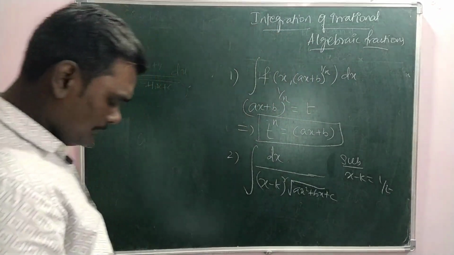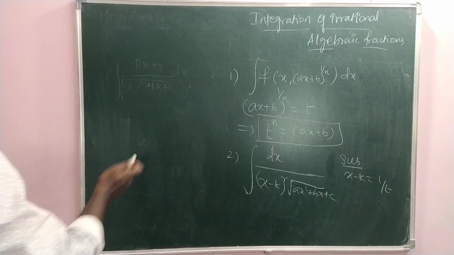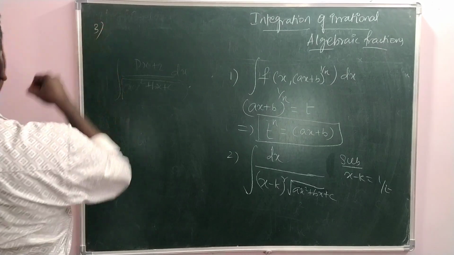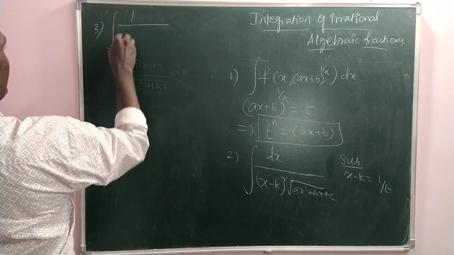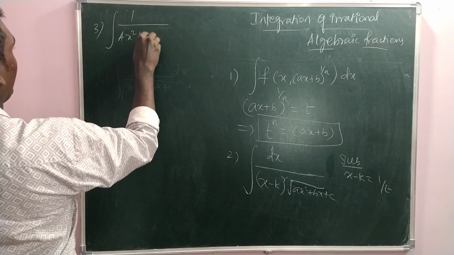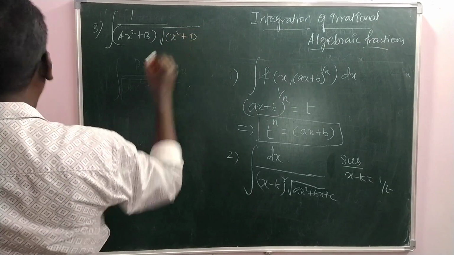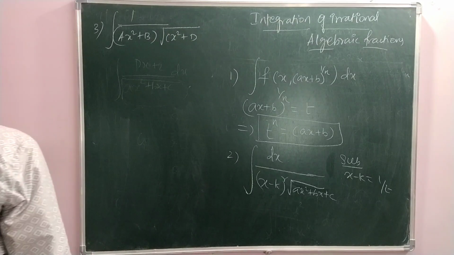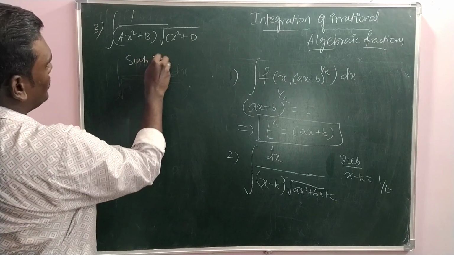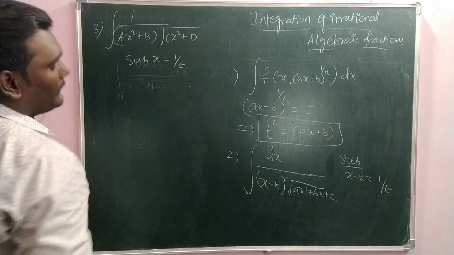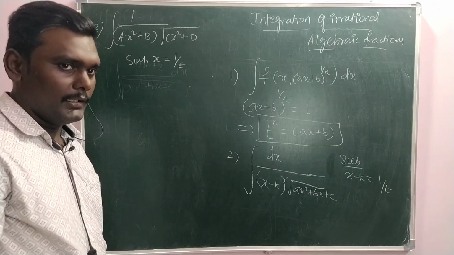And then for the next one, the third type of integral, we have to integrate 1 by (ax square plus d) into square root of (cx square plus d). This type of integral also we should substitute x is equal to 1 by t. After that, this will come under another known form of integration.